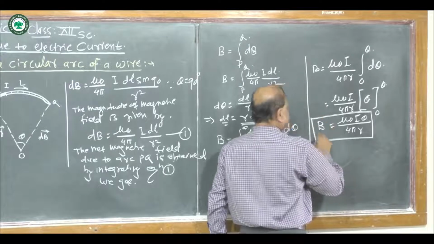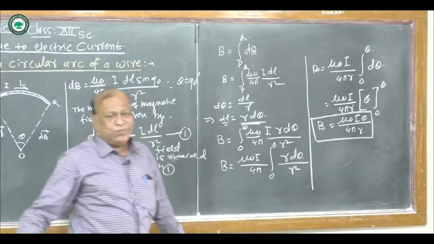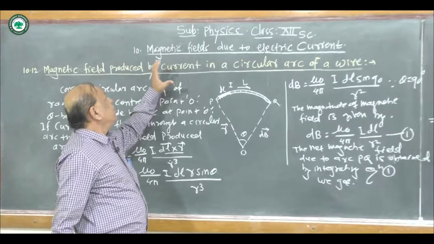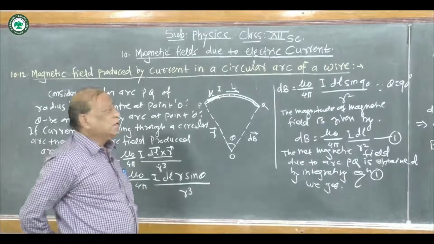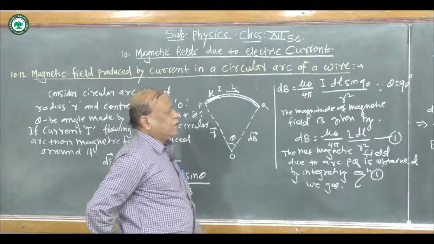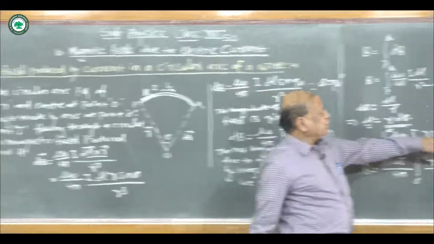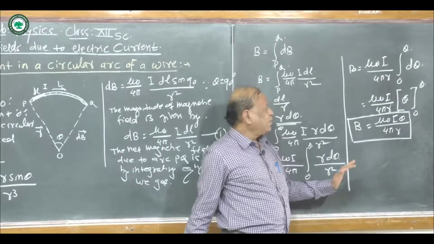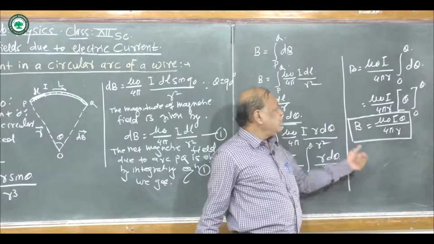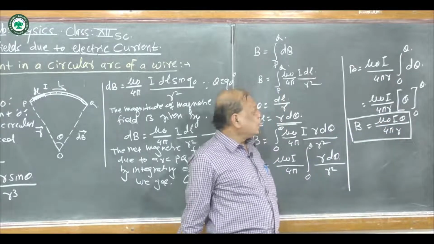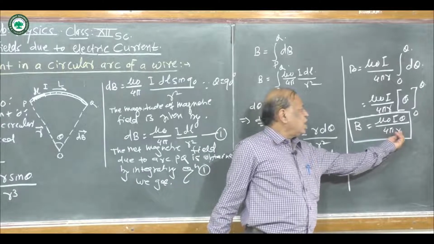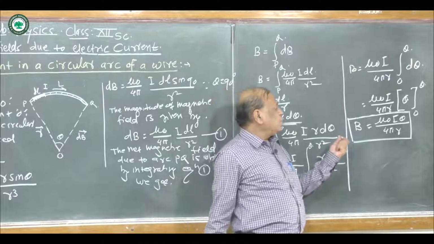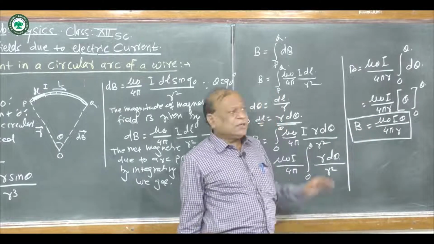This is the expression for the magnetic field produced by current in a circular arc of wire, given by B equals mu 0 I theta divided by 4 pi r, where theta is in radians, I is the current flowing through the circular arc, r is the radius of the arc PQ, and mu 0 is the permeability constant.